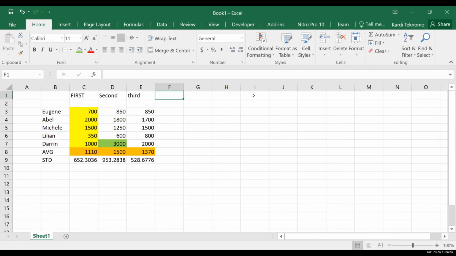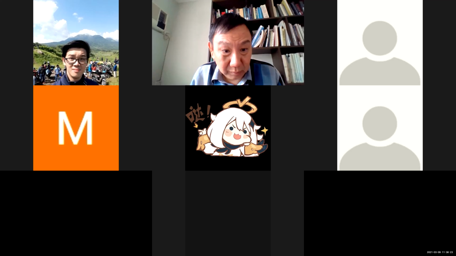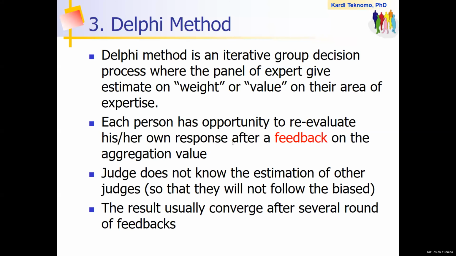After certain rounds, the average will converge and the standard deviation becomes lower and lower. So the point of the Delphi method is convergence based on a feedback system.